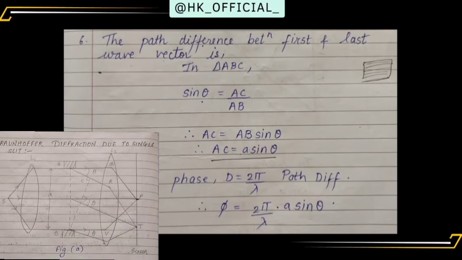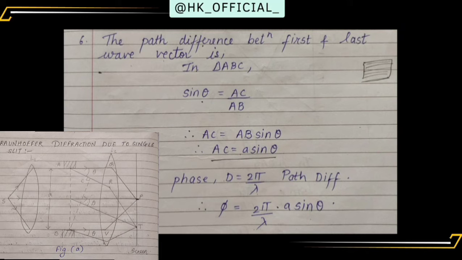Then when we go ahead, we have the path difference between the first and last wave vector. We have to consider the first and the last wave vector. So for that, we have to consider the triangle ABC, and for that triangle we consider sine theta. As you can see in the diagram, we have made such a triangle in between those AB, and I have marked that C also, which is perpendicular to AR.